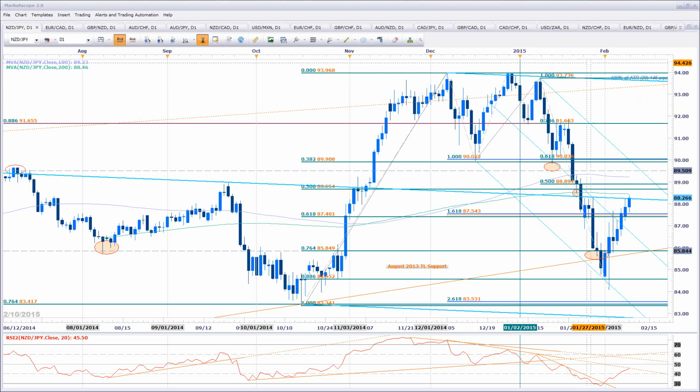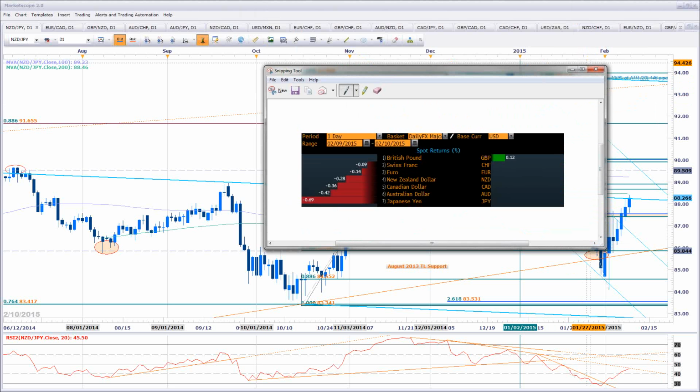Take a quick look here at the performance gauge so far in the session. This is live performance so far today against the dollar. The yen is actually the weakest of the lot. Do you know what I'm saying? So, Gert, I'm a little cautious about trying to go long the yen when it's the weakest performer on the session. That's not to say that Kiwi yen won't pan out.